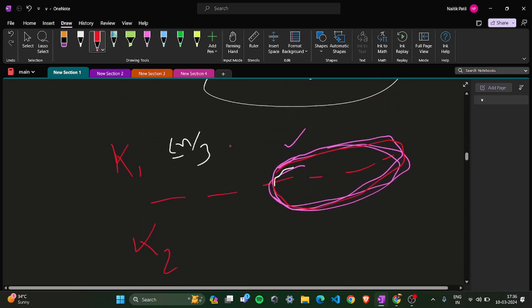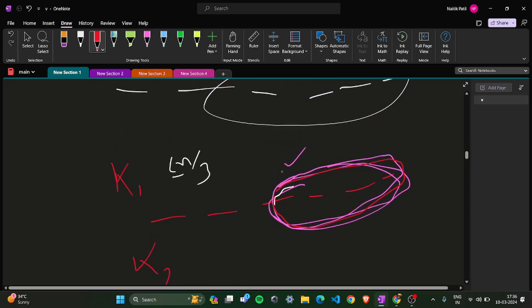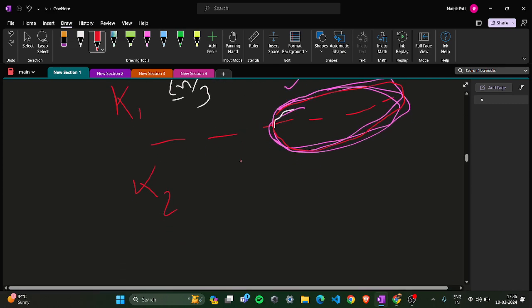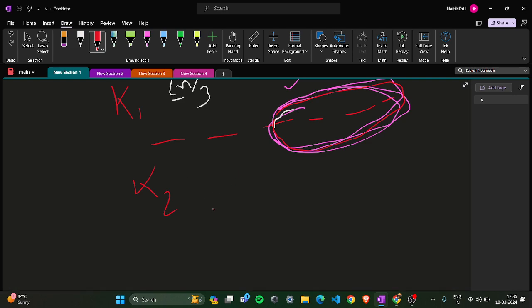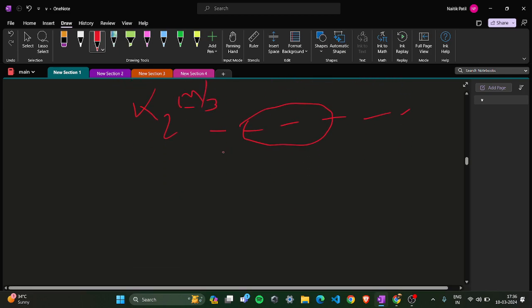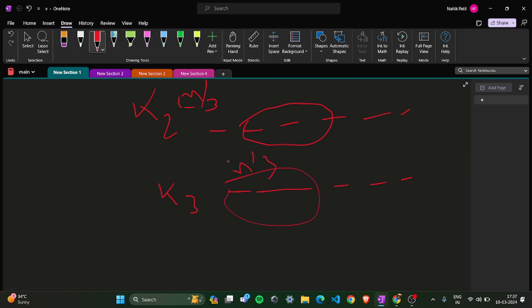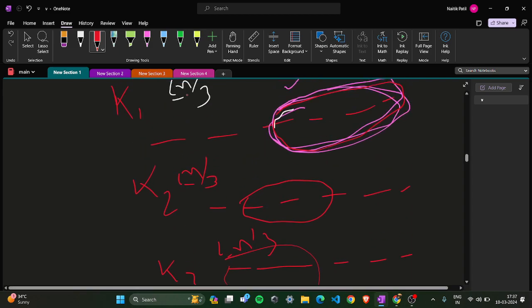It is guaranteed that if they are at their desired position for this k1, then they definitely will not be at their desired position for any other cyclic shift. So for this k2, let's suppose we have another n by 3 elements at their desired position, then they will not occur for any k3, and for this k3 we have another n by 3 elements at their desired position. Now all the elements are covered.